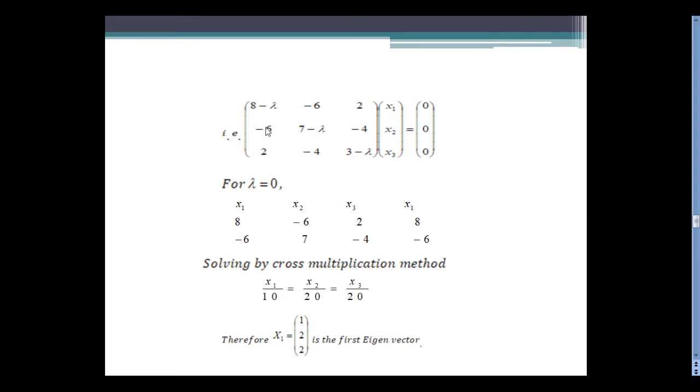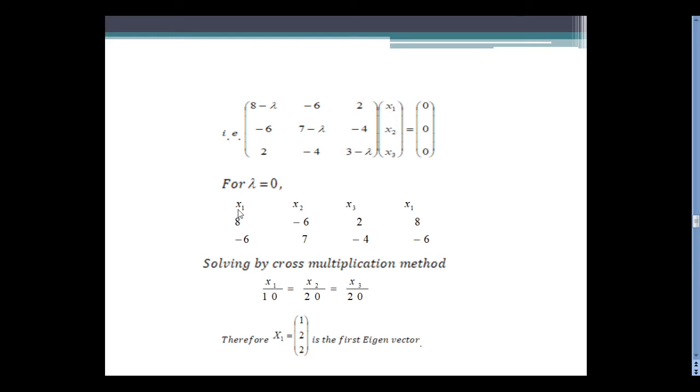Only different equations we have to take, so the first and second equations. For x1 the coefficients are 8 and minus 6, for x2 minus 6 and 7, for x3 2 and minus 4. Then again write the x1 values, 8 and minus 6. Then only are we able to apply cross multiplication.